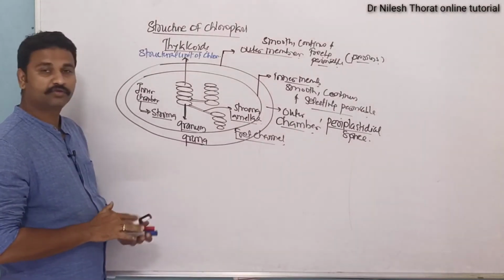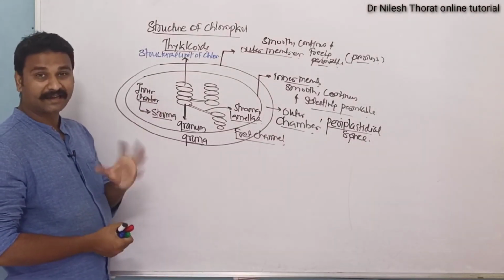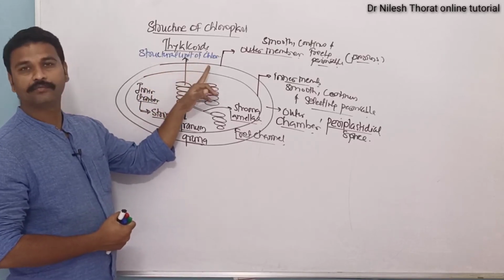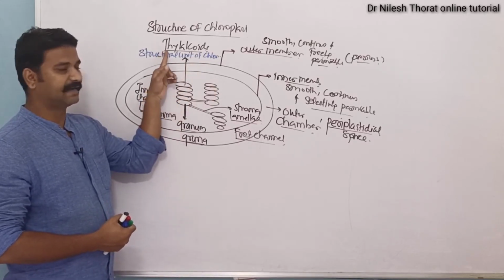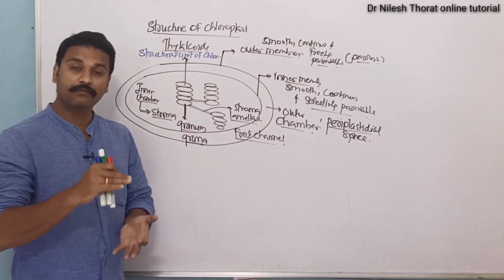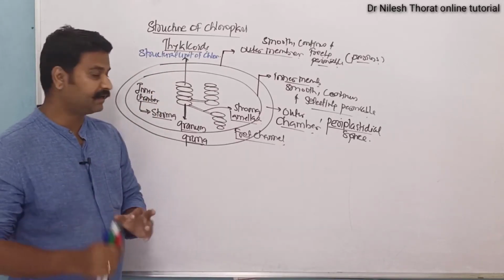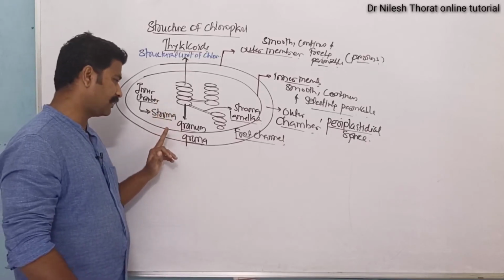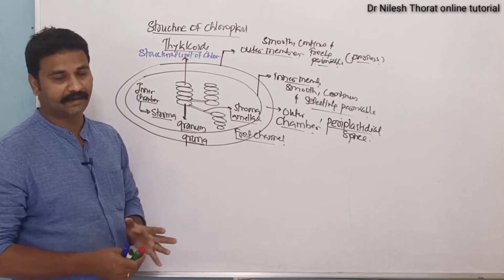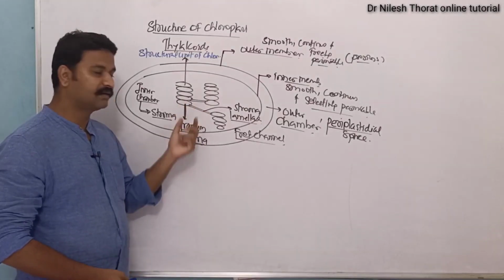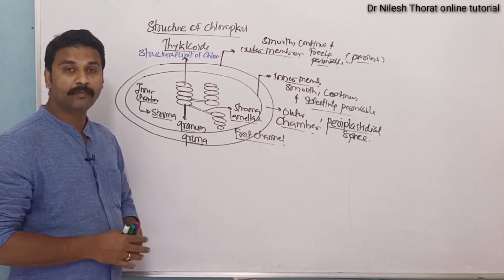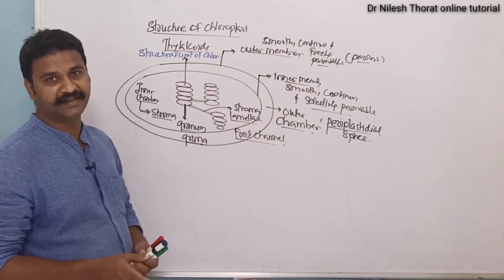So inside the stroma we are having a sac, a disc-like structure, which are actually the structural units of chloroplast, and they are called as thylakoids. These thylakoids will stack together in the form of pile, and that pile, if single, is called as granum, and if there are multiple piles, then they are called as grana. These grana are interconnected with a tube-like structure called as stroma lamellae or Frets channel.